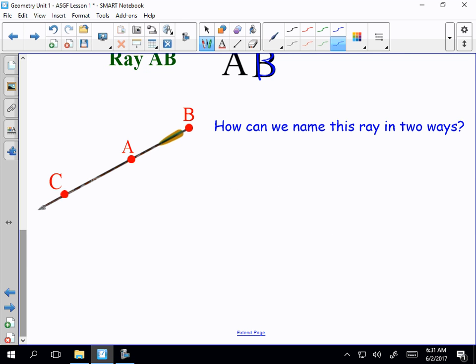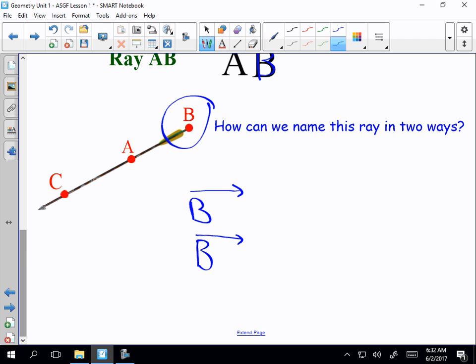So when we're looking at this situation, the very first thing that we have to think about whenever we're naming rays is what is the starting point. We have to start with B in naming these ray values and know that they're going to go in a certain direction.